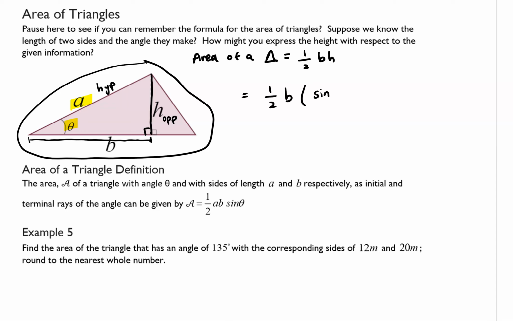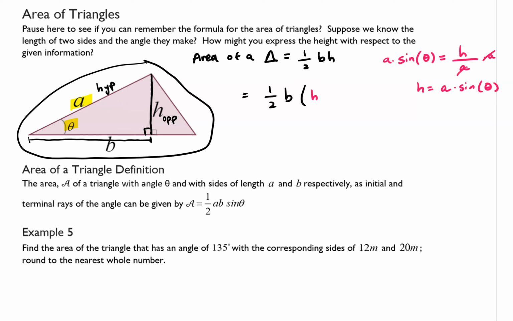The statement I can make, and I'll make it off to the side here, is that sine of theta is equal to the opposite, which I'll call h, over a. If I solve this equation for h, which is the height, by multiplying both sides by a, we end up getting that the height is equal to a times sine of theta.